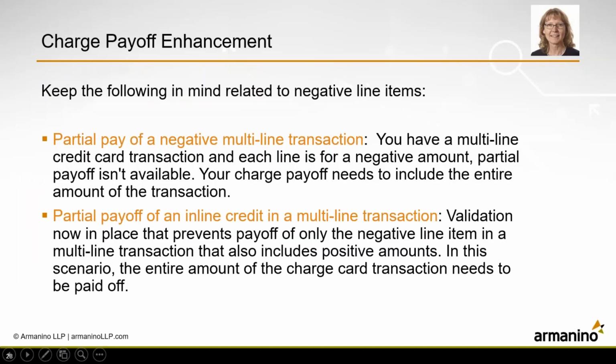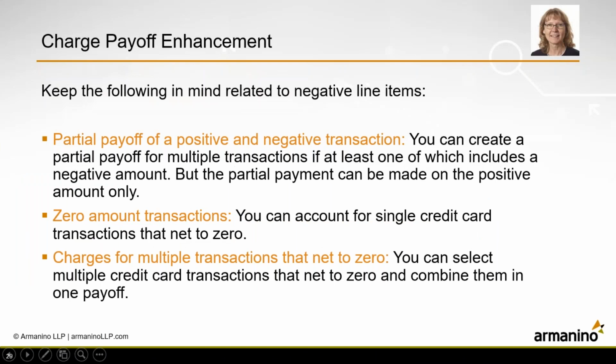Okay, a couple more in here. Partial payoff of positive and negative. You can create a partial payoff for multiple transactions if at least one of which includes a negative amount, but the partial payment can be made on the positive amount only. So that's the case again where you have that all within one transaction. You can account for single credit card transactions that net to zero.